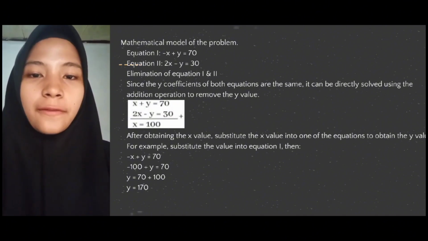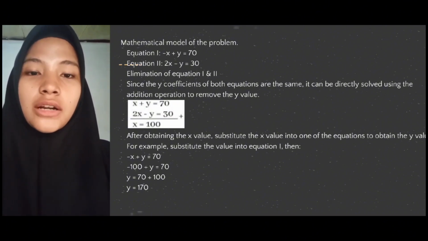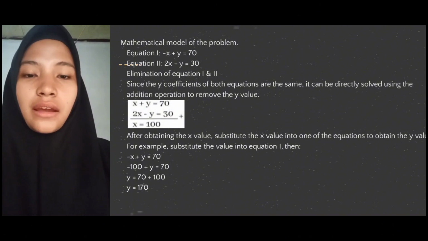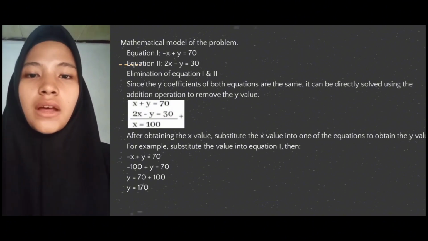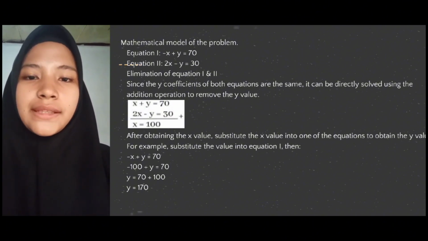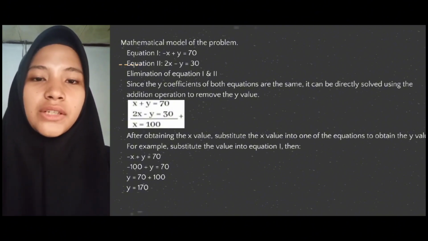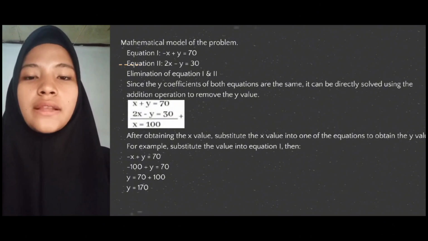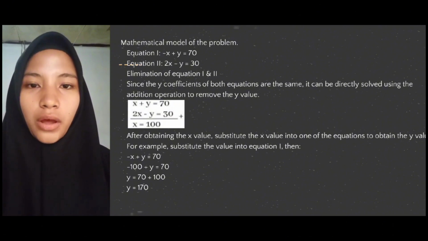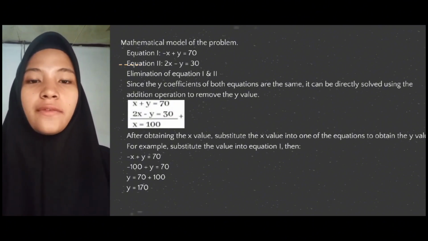So the sum of these two equations gives x equals 100. After obtaining the x value, substitute the x value into one of the equations to obtain the y value.